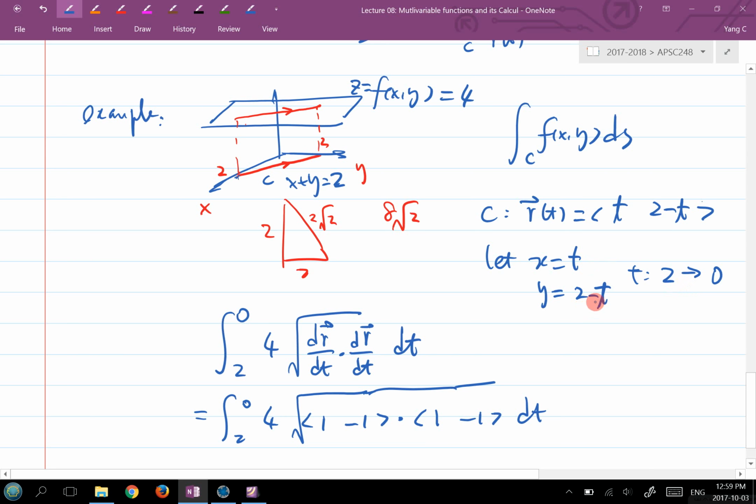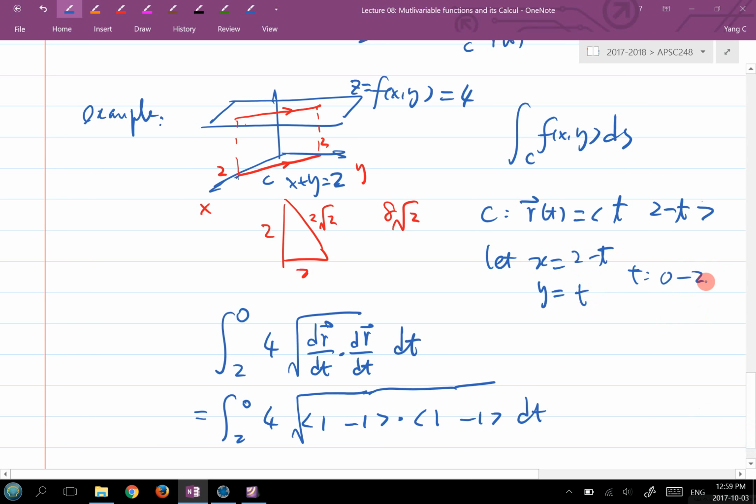Oh yeah, that's right. So we changed that to t here, 2 minus t here, and then you flip from 0 to 2. That's right. So that'll give us a positive number now. Interesting.